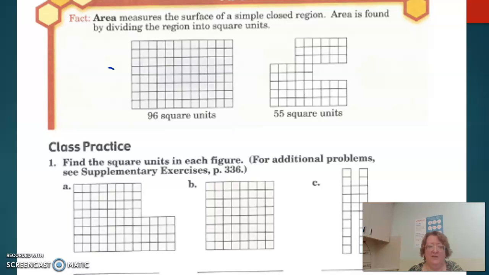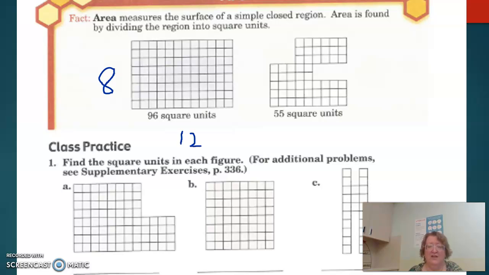So this would be 8, would be the width. Now let's count across for length. 1, 2, 3, 4, 5, 6, 7, 8, 9, 10, 11, 12. So for our length, we have 12.